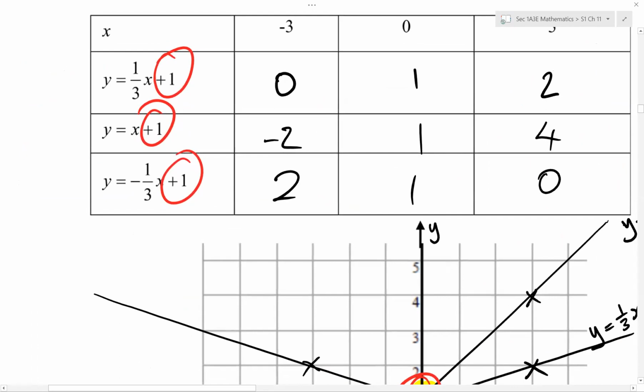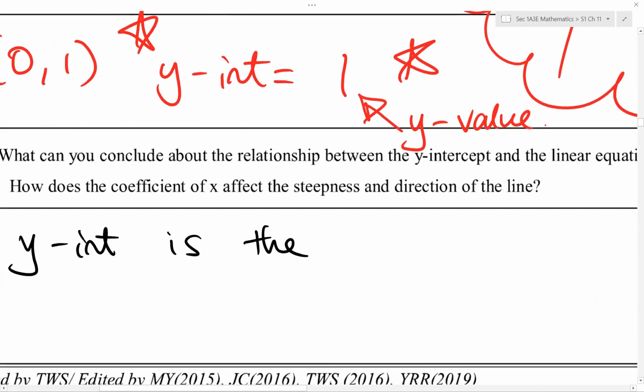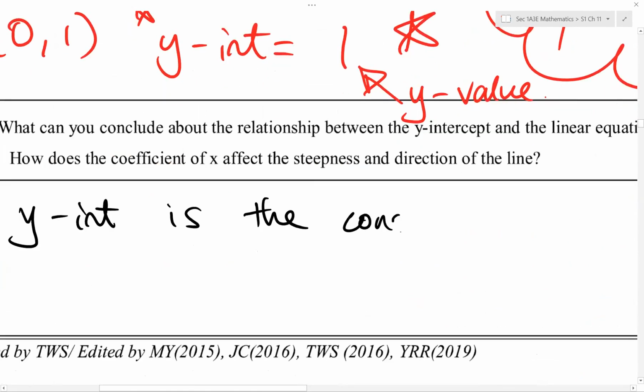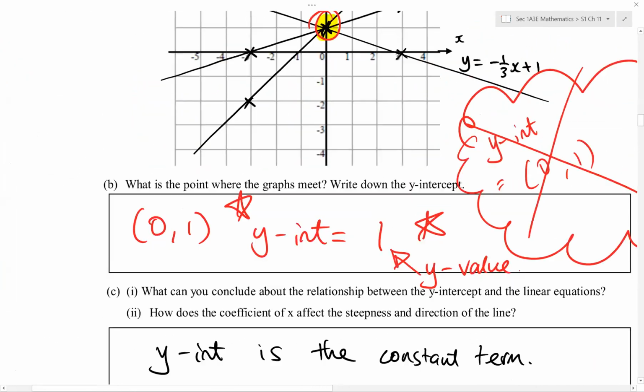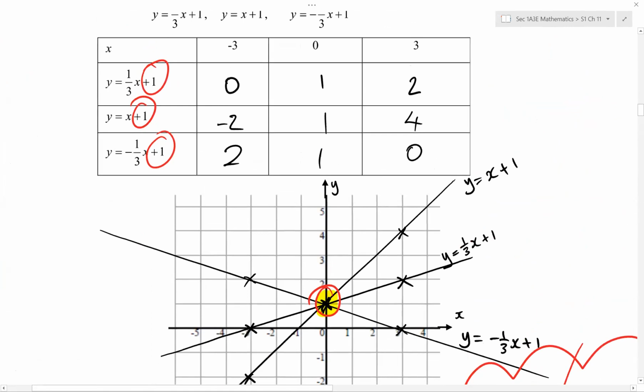Coefficient. But these are not coefficients. What are they? They are the constant terms. Constant terms don't have x. They are just by themselves. So Y-intercept is the constant term. So if the equation were changed to y equal to 1/3 x plus 100, then the y-intercept will be 100. Whatever that constant term is.